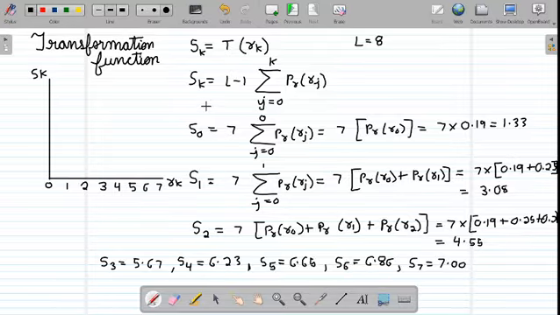Next, for SK we got 0, 1.33, 3.08, 4.55, 5.67, up to 7.